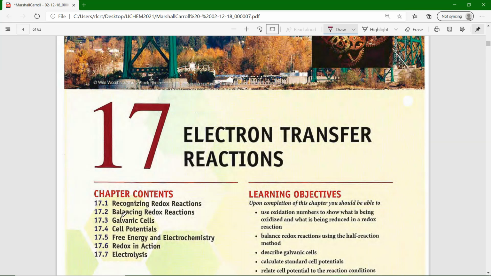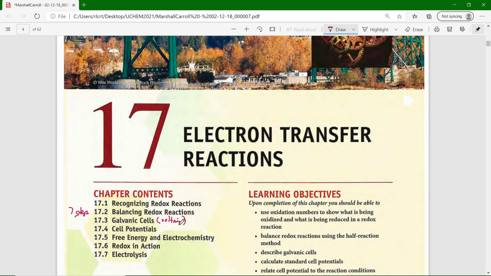Recognizing redox reactions, balancing redox reactions. Oh yeah, we're going to balance in the lovely 7-step method. We're going to balance in acidic environment, basic environment, neutral environment. We're going to look at galvanic cells, which are going to spontaneously pump electrons around, right? Dry cell primary batteries are examples of galvanic cells.